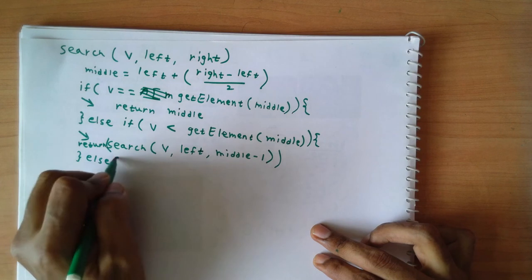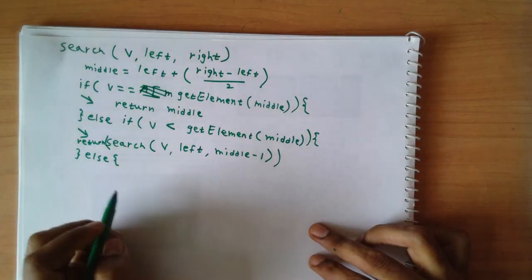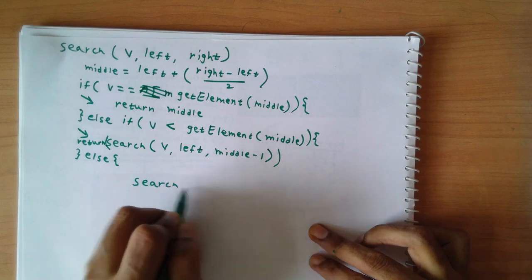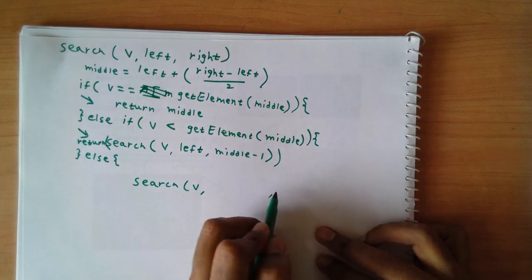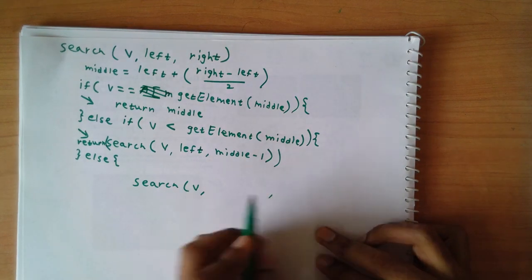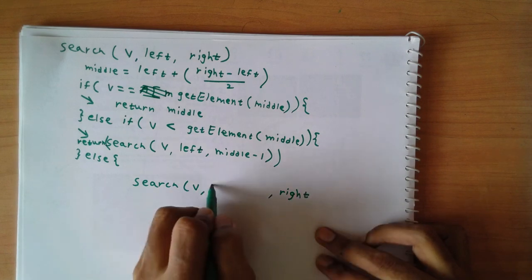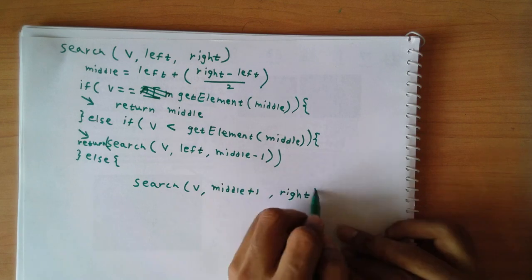Else, what should I do? I should search in the right partition. I would say search for value v, going right up to the right one, but now searching from middle plus 1.